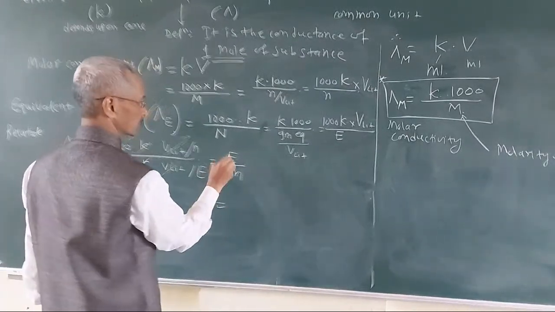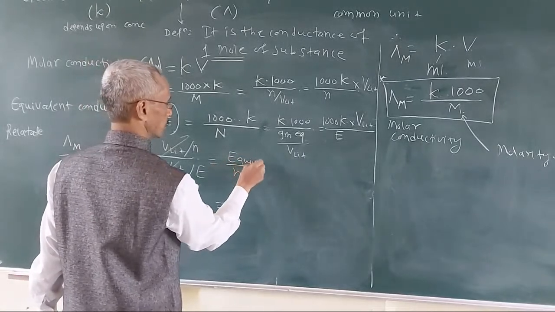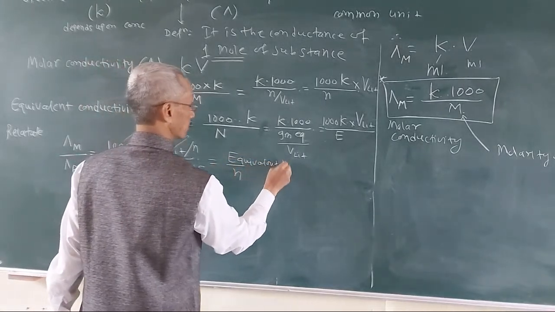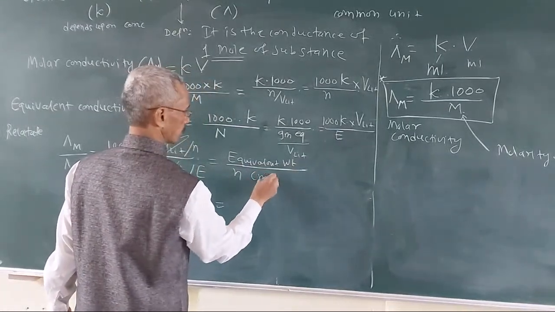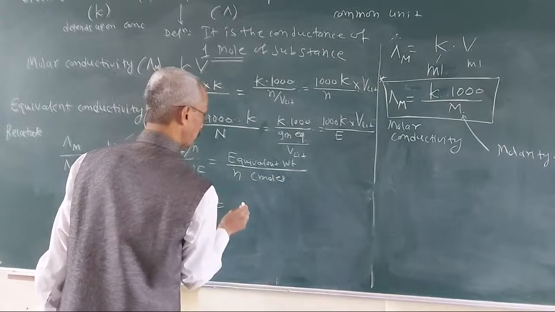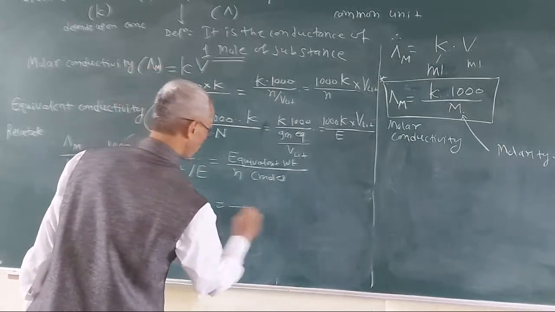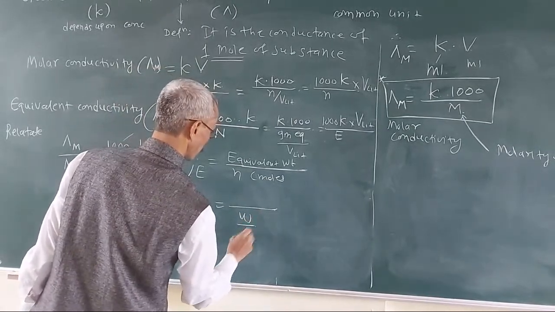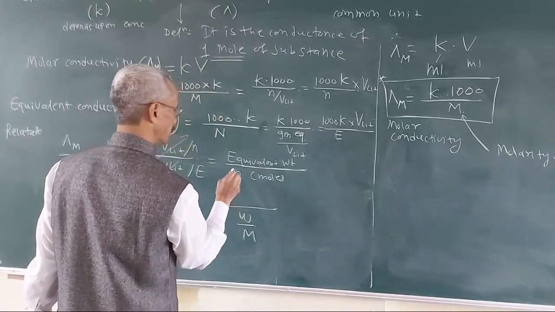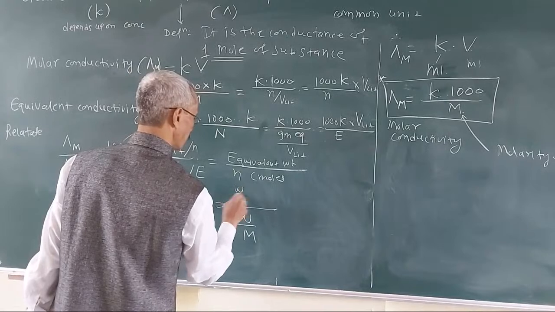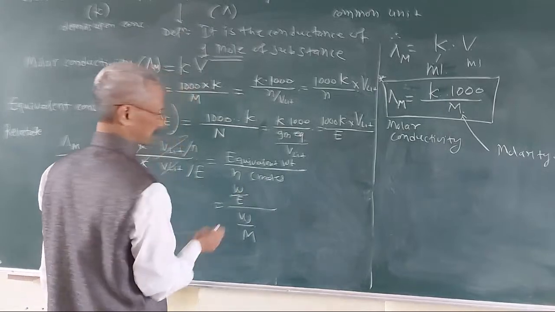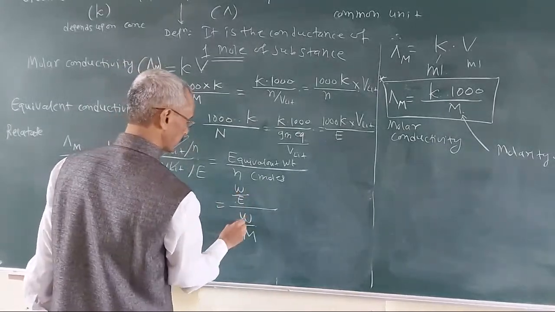So this is the equivalent weight upon number of moles. Equivalent weight, that is W upon E, and the number of moles, that is W upon M, the molar mass. W gets cancelled.